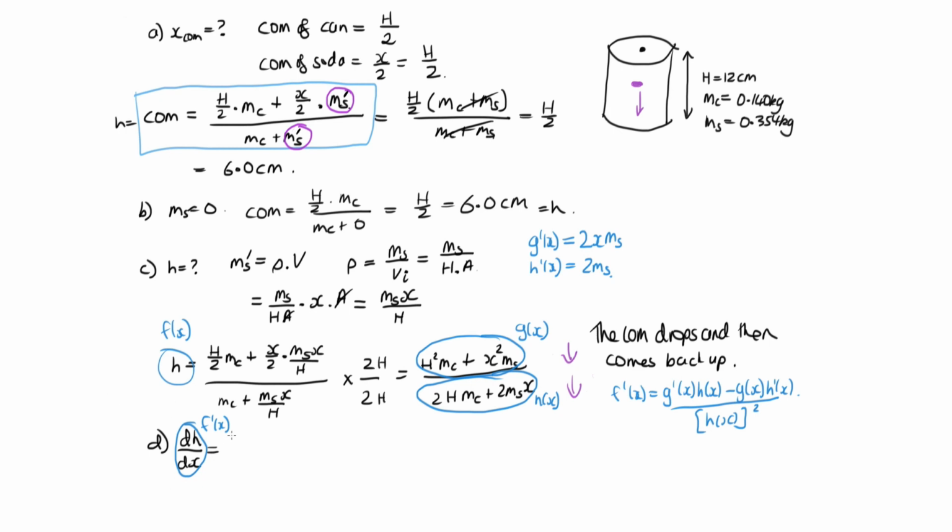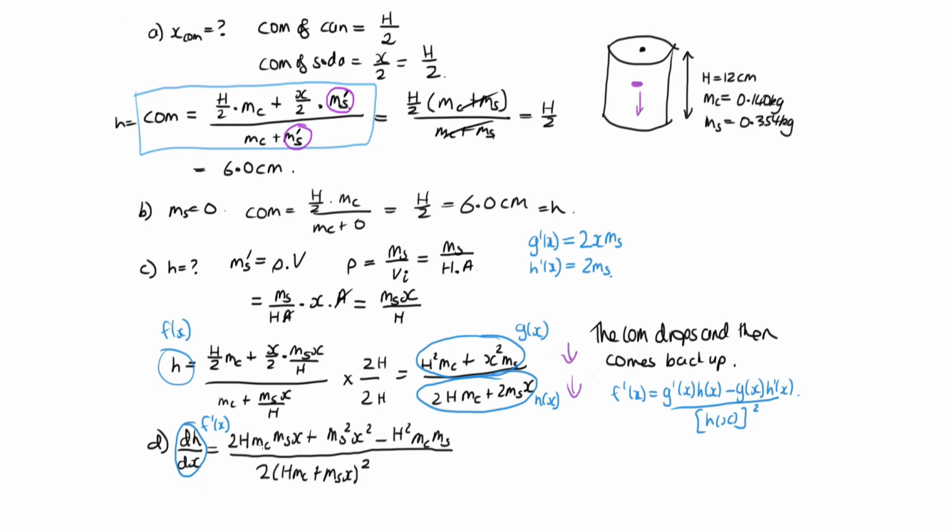So when we do that and simplify, we end up with 2h times the mass of the can times the mass of the soda x plus mass of the soda squared x squared minus h squared mass of the can, mass of the soda, all over 2h mass of the can plus mass of the soda x squared.